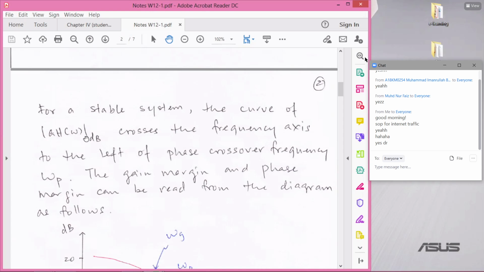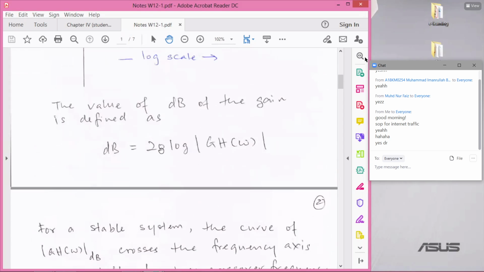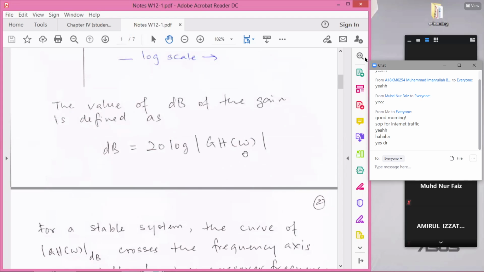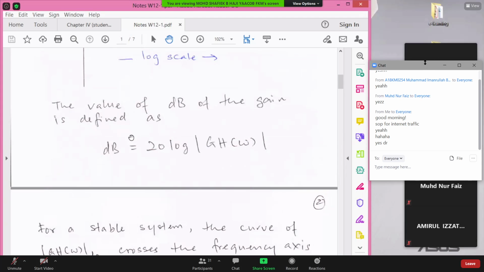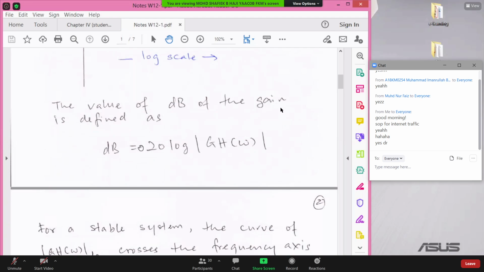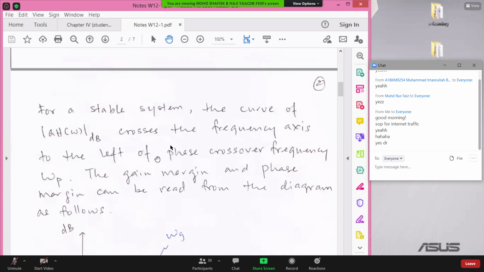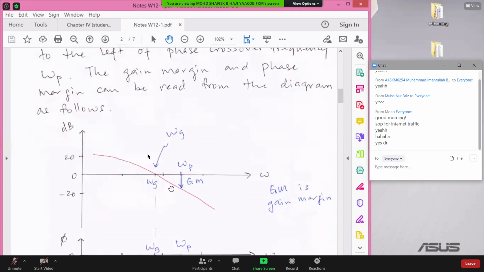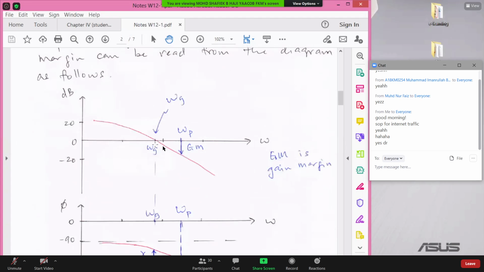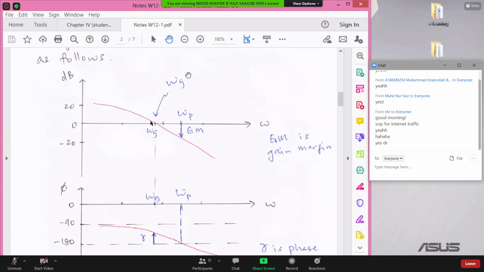So the decibel for 1 is 0. Log 1 is just 0, multiplied by 20 is still 0. So the gain crossover frequency is when your decibel is equal to 0. This frequency is, by definition, the gain crossover frequency.